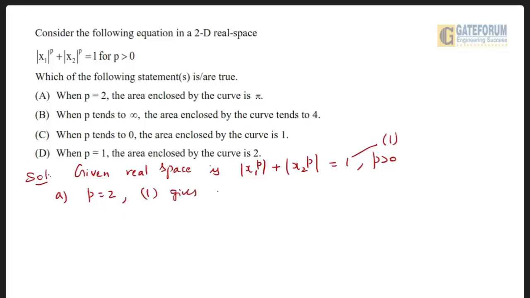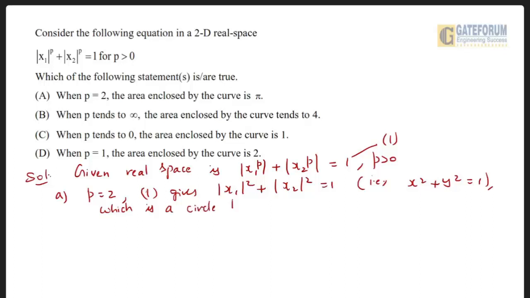Equation 1 gives mod x1 square plus mod x2 square is equal to 1. So this looks like the circle equation, x square plus y square is equal to 1, which is a circle having center at the origin (0, 0) and radius equal to 1.